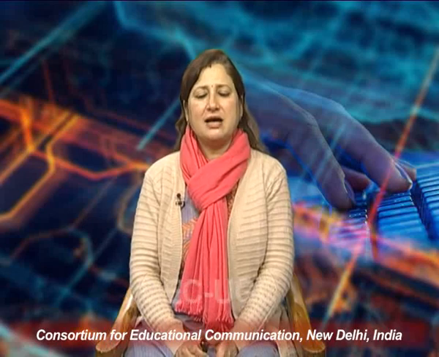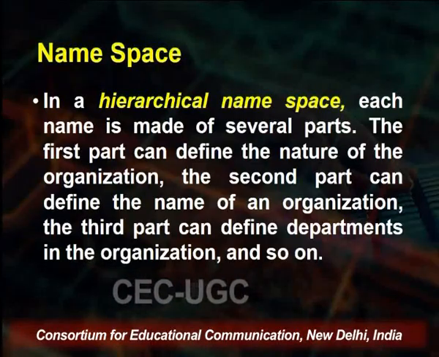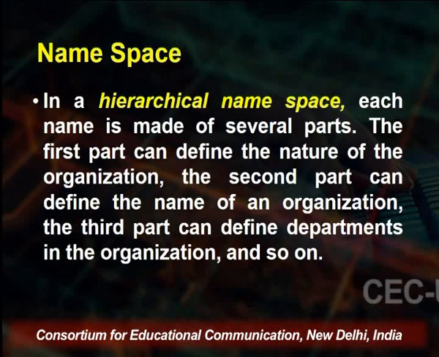But in a system like the internet, this is not possible, because you have to divide the work among multiple machines. In a hierarchical namespace, on the other hand, the name is structured, or divided into parts.